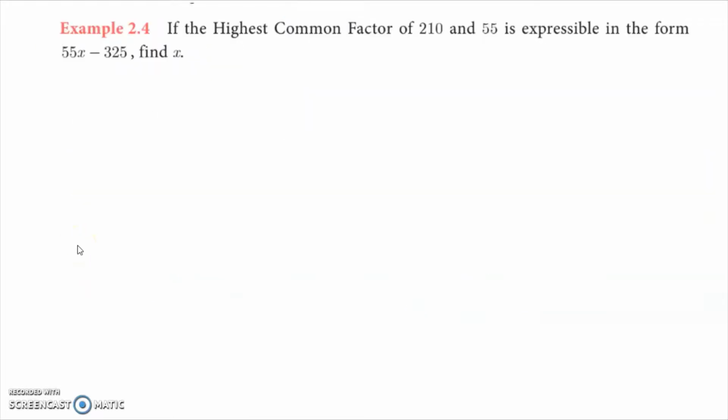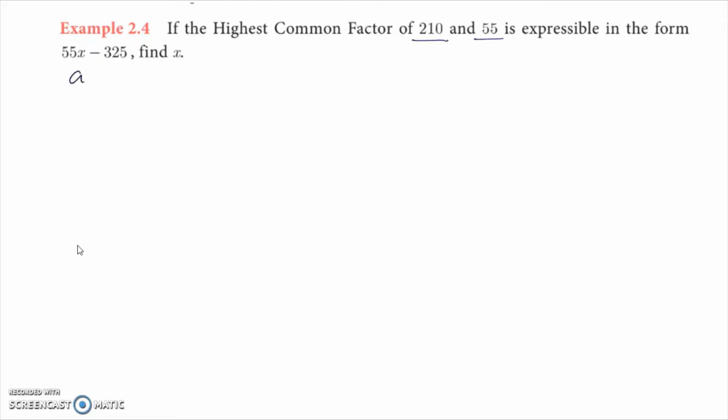Let's do example 2.4. If the highest common factor of 210 and 55 is expressible in the form 55x minus 325, find x. So first we need to find the highest common factor for 210 and 55.